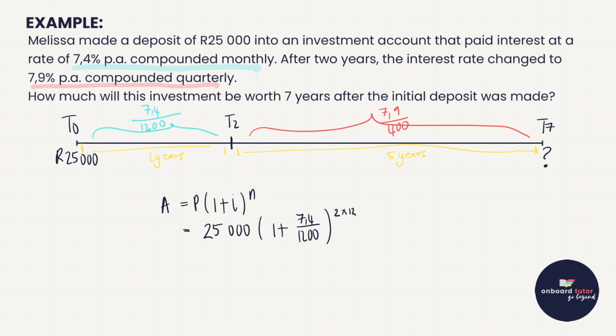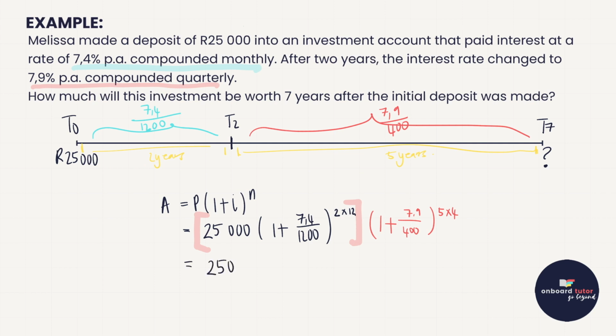And now for the next part, what happens is everything that we've had up until this point in the account becomes the new present value. And so then we'll build on that and we'll say, okay, well now the interest rate is going to be slightly different. So 7.9% compounded quarterly for 5 years. But remember that n is representing time periods. So 5 times 4, so that we include all of the quarters in a year.